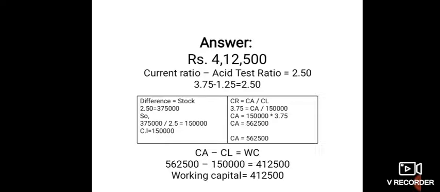If we multiply 1,50,000 by 3.75, we get 5,62,500 as the current assets. We all know that net working capital is current assets minus current liabilities. So 5,62,500 minus 1,50,000 gives 4,12,500 rupees, which is the working capital.